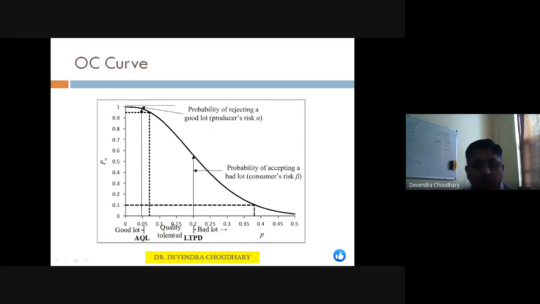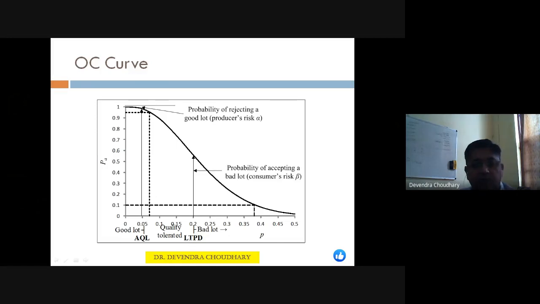Acceptable quality level, AQL, is the quality level, the fraction of defectives, at which the customer readily accepts the lot.